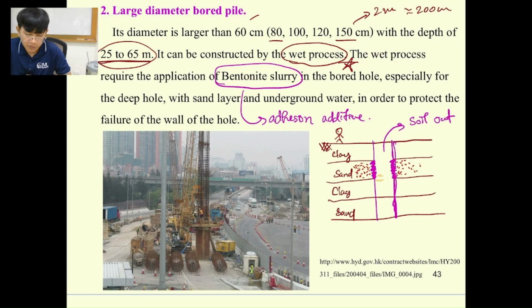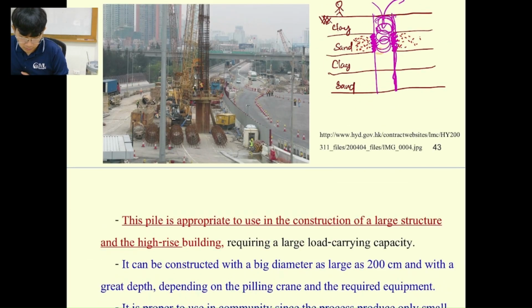So when we use the wet process, we put water in, and then pour the bentonite slurry in, and then we dig the hole. The slurry runs through the sand layer to protect the hole from failure.